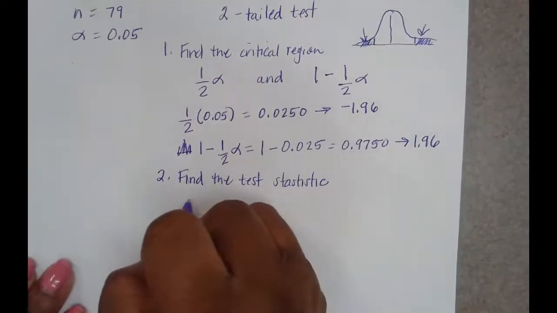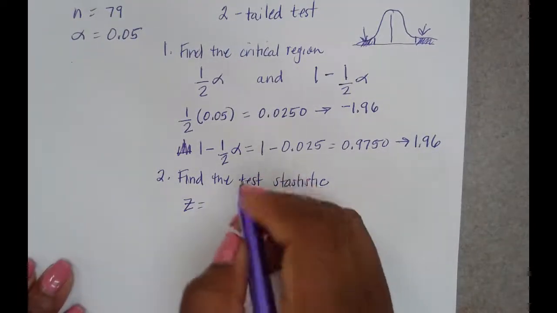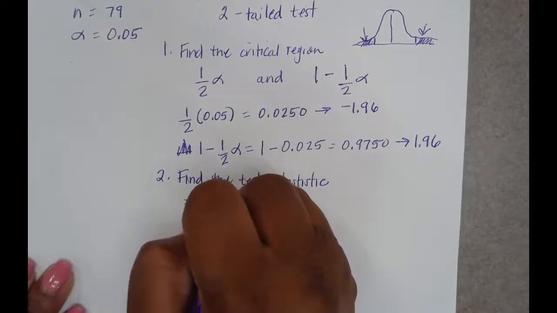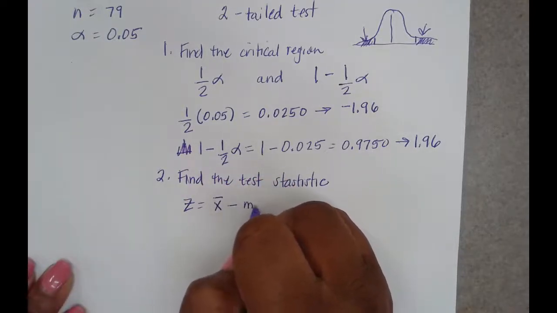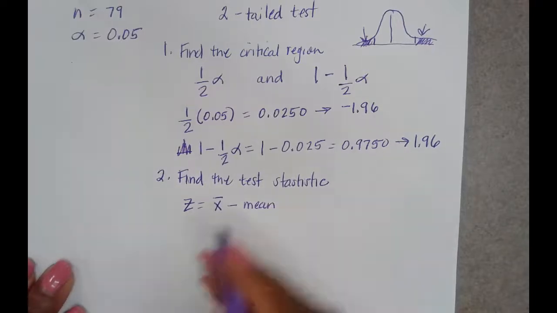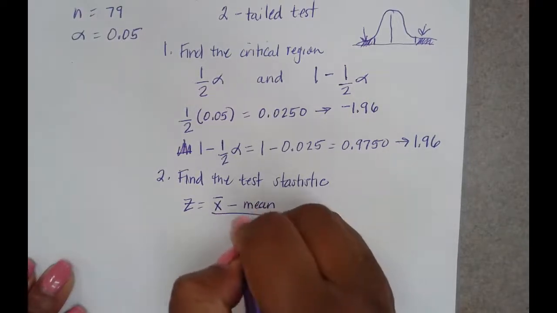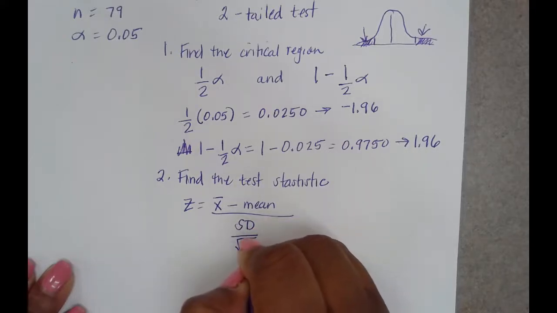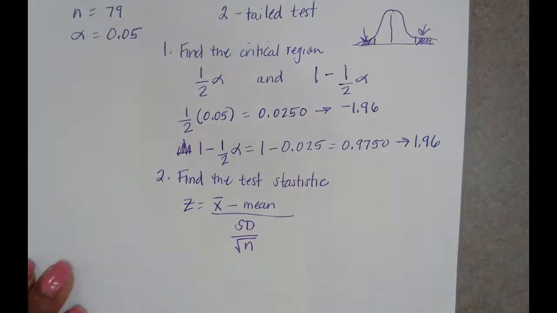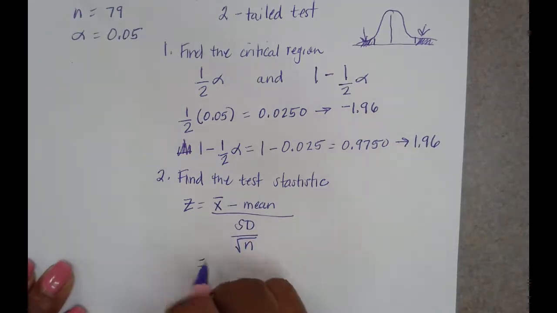The formula says that Z is equal to the sample mean minus the given mean, or the population mean, divided by the standard deviation divided by the square root of the sample size. Okay, so let's substitute what we have.